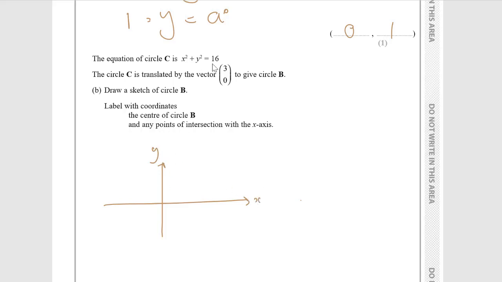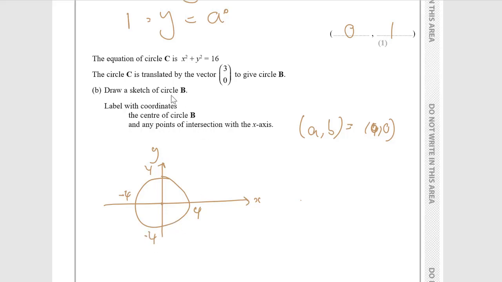The center of circle C is going to be the origin, 0, 0. Then we have something that goes all around, so that's 4, and minus 4.